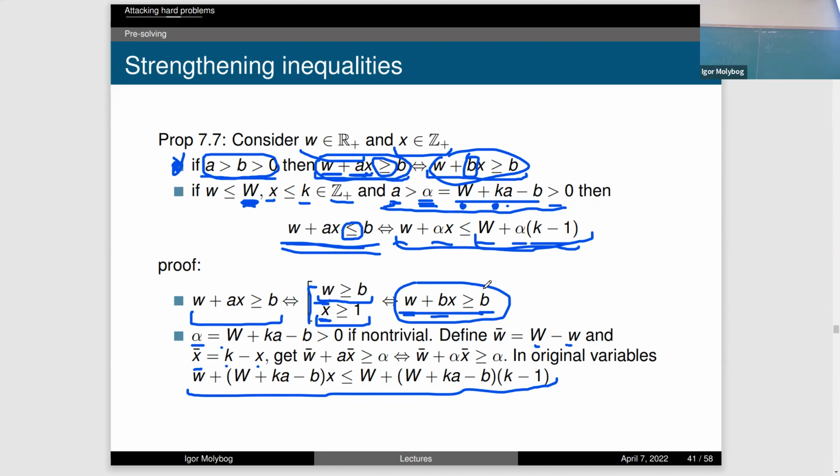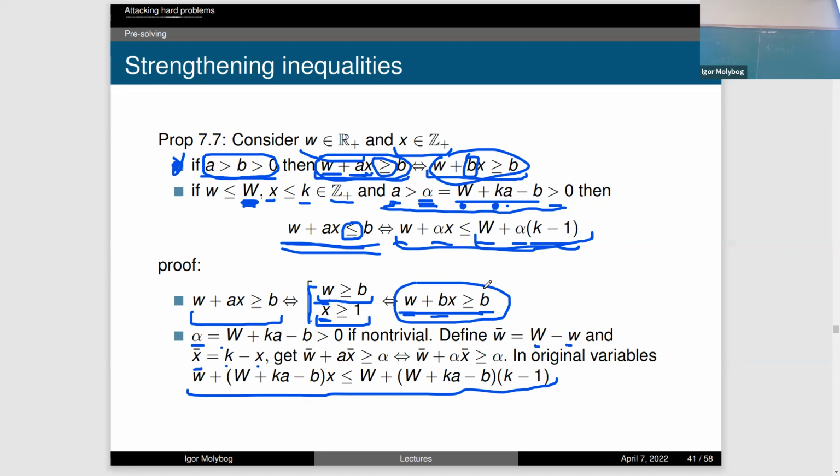It's like the first bullet. So yeah, this inequality looks like the inequality in the first bullet, right? We have put it into this form, but actually this inequality is exactly this inequality right here. If instead of W bar you substitute the definition of W bar, if instead of X bar you substitute the definition of X bar, instead of alpha you substitute alpha, and then you cancel out everything, you will get this.